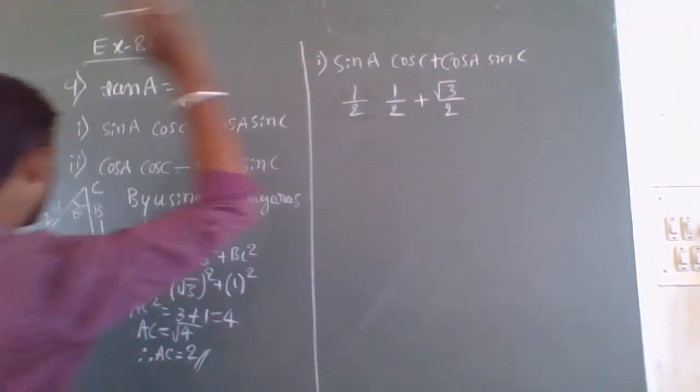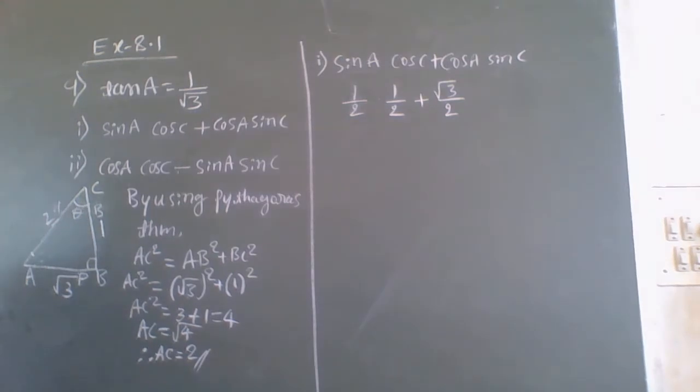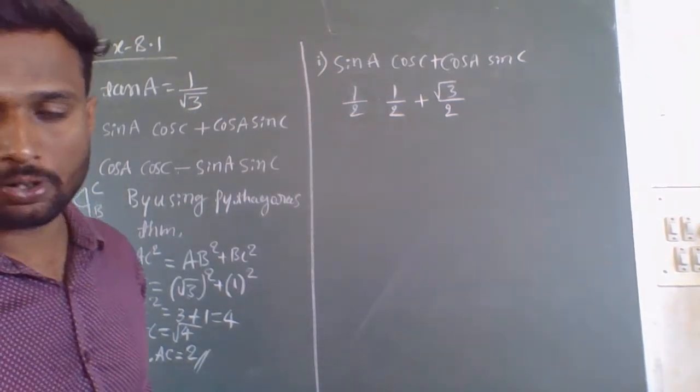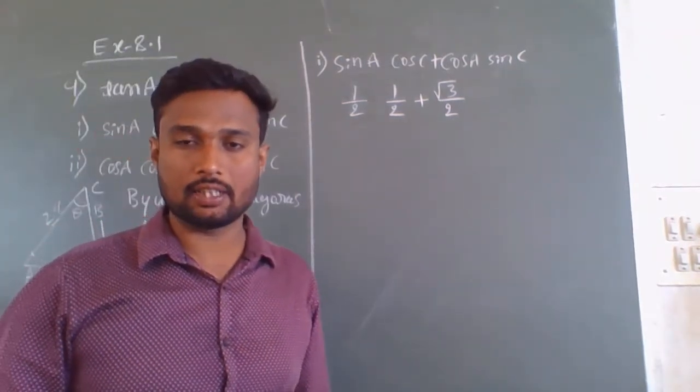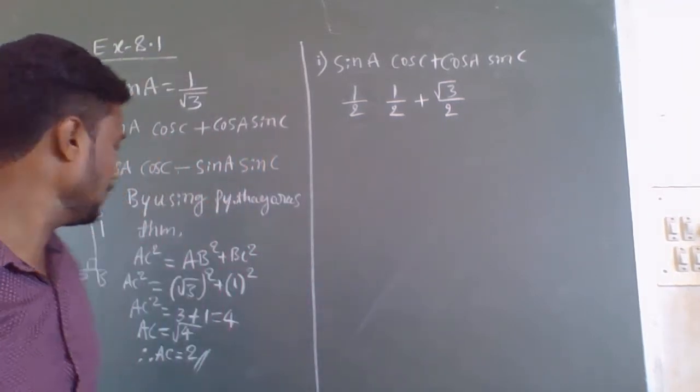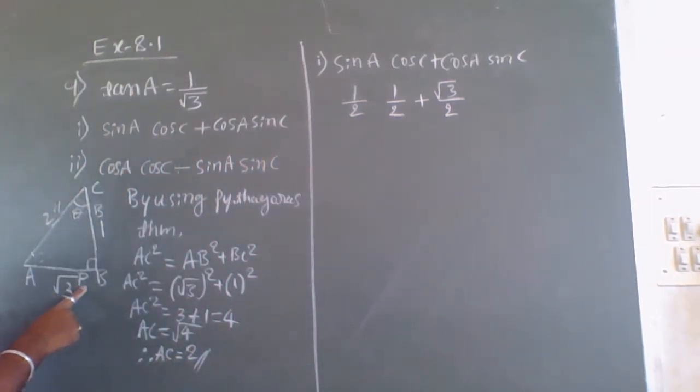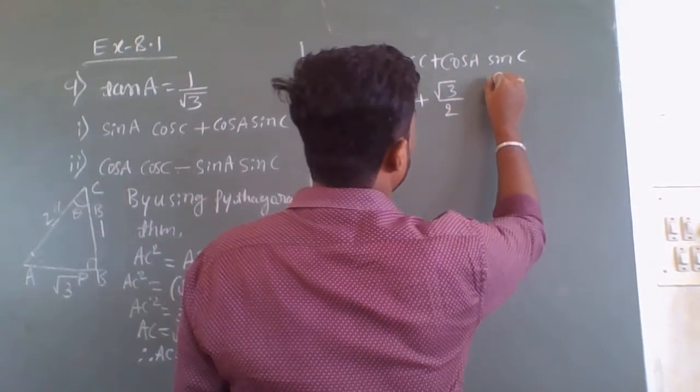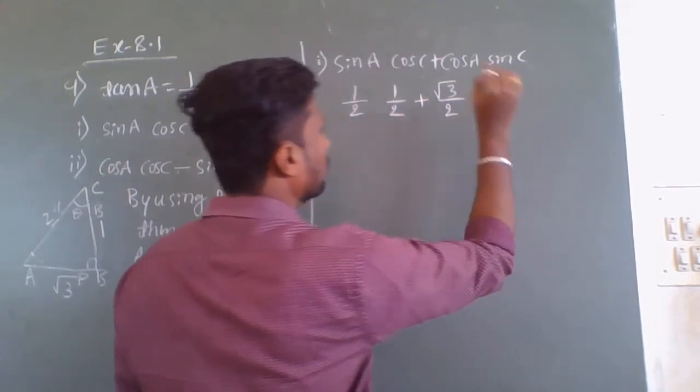Sin theta always equals perpendicular by hypotenuse. Here the perpendicular is root 3 and the hypotenuse is 2, so we get root 3 by 2.